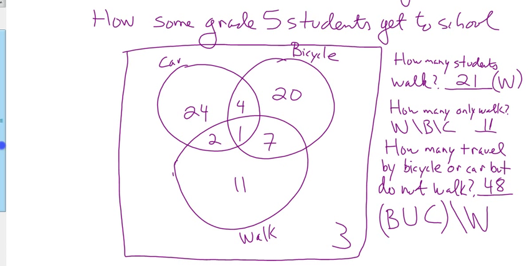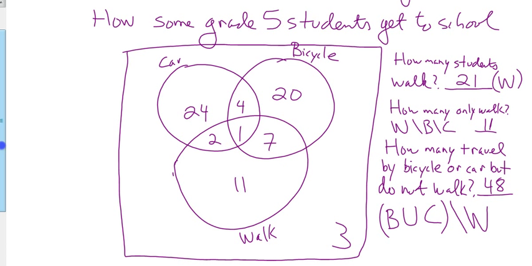This is the W circle minus what's inside the B circle, which takes care of the 1 and the 7, minus what's inside the C circle, which takes out these two. There's a big difference between calculating this and just looking at it on the diagram and figuring it out. That's mostly where we're going, just looking at it on the diagram, as opposed to setting it up as a set theory calculation. But you might be asked some of that stuff.